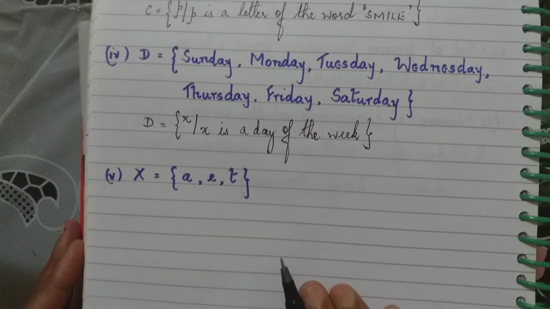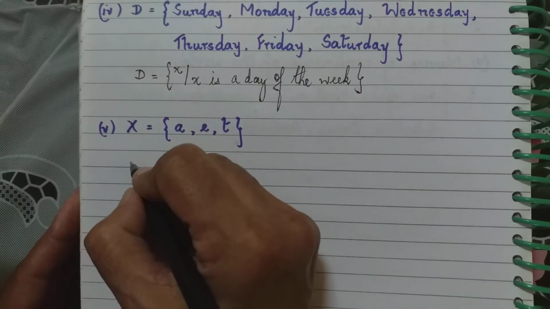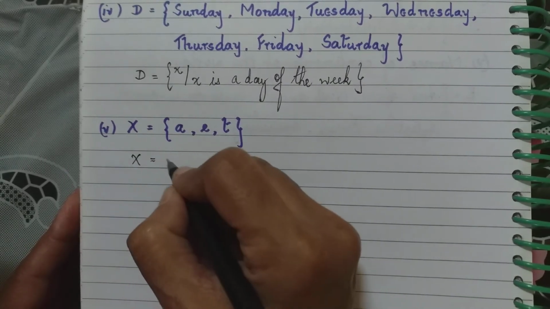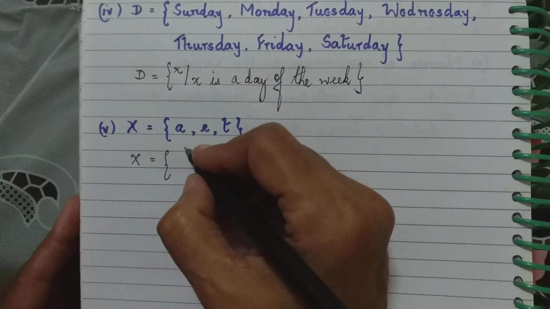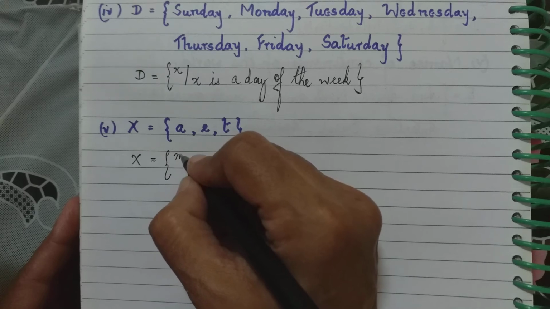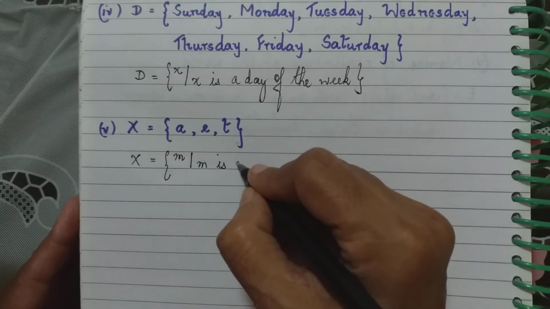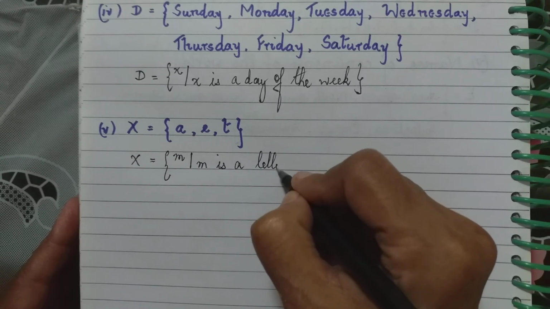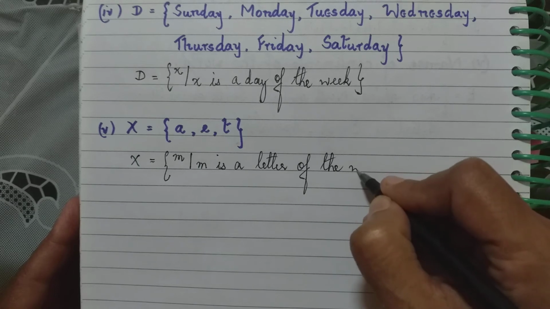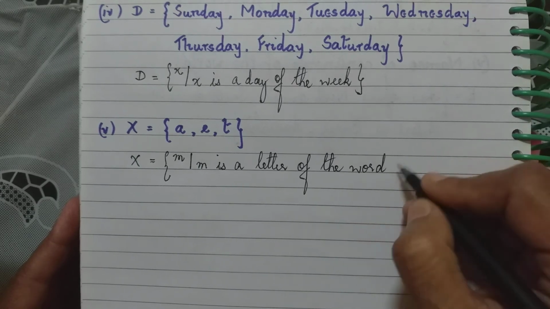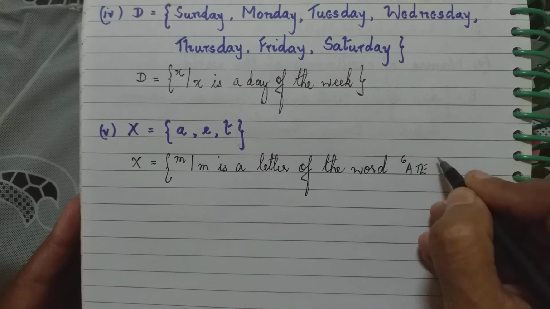Now coming to the last sub question, X is equal to A, E, T. So X is equal to the set of all, suppose I am writing M here, such that M is a letter of the word. Now AET is not a word, ATE is a word, so I can write ATE, right?